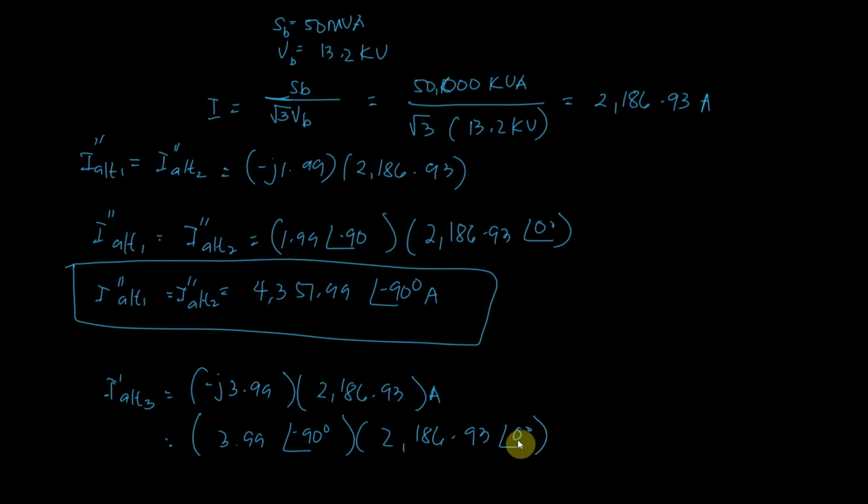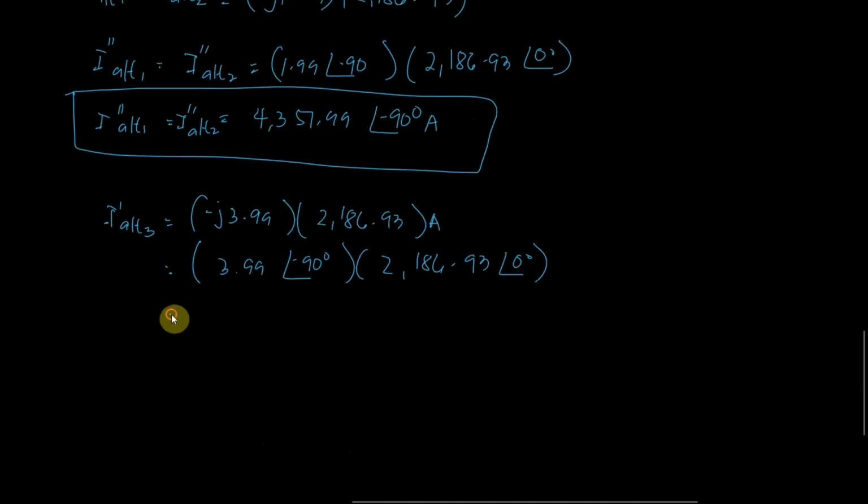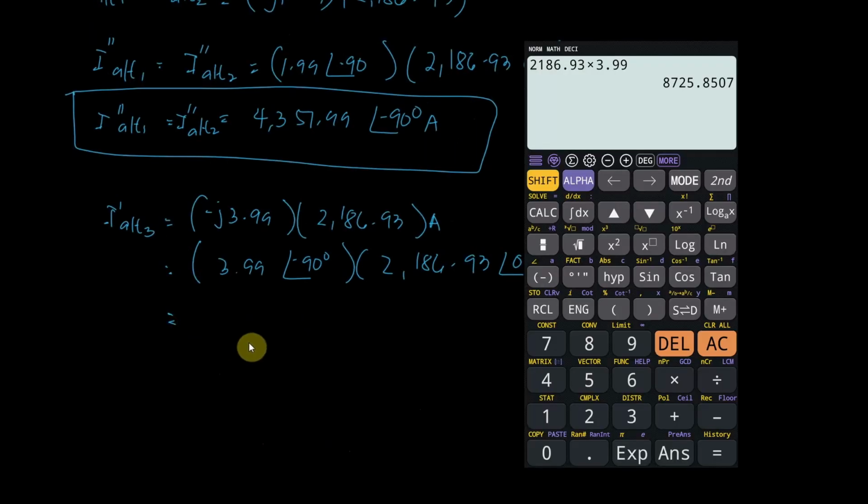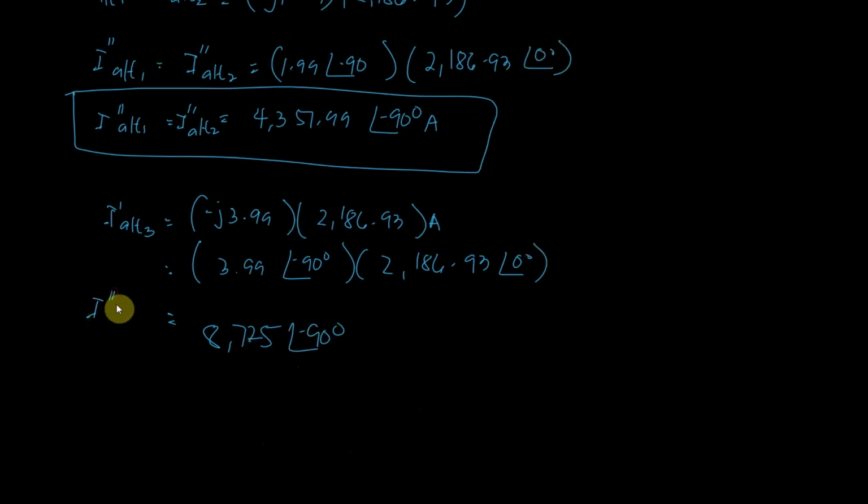Okay? So, is equal to 8,725 cis of negative 90 degrees. So, ayan yung ating sub-transient current sa alternator 3.